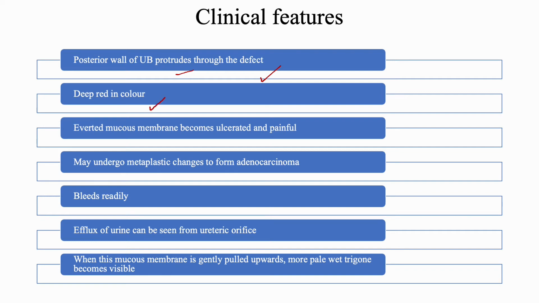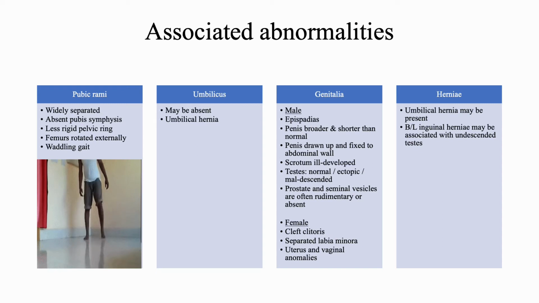The everted mucous membrane becomes ulcerated and painful. It may undergo metaplastic changes to form adenocarcinoma and bleeds rapidly. The efflux of urine can be seen from the ureteric orifice, and when this mucous membrane is gently pulled upwards, the paler wet trigone becomes visible.